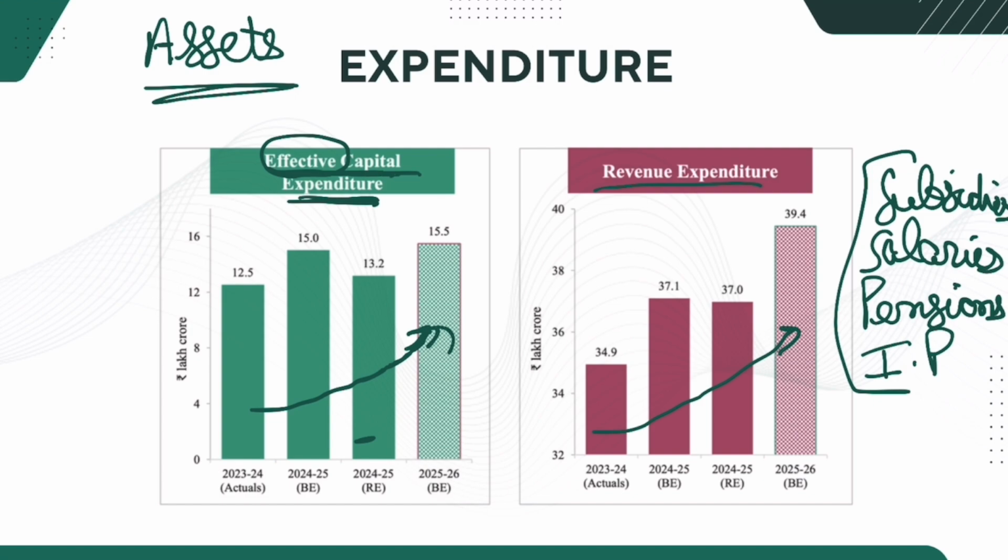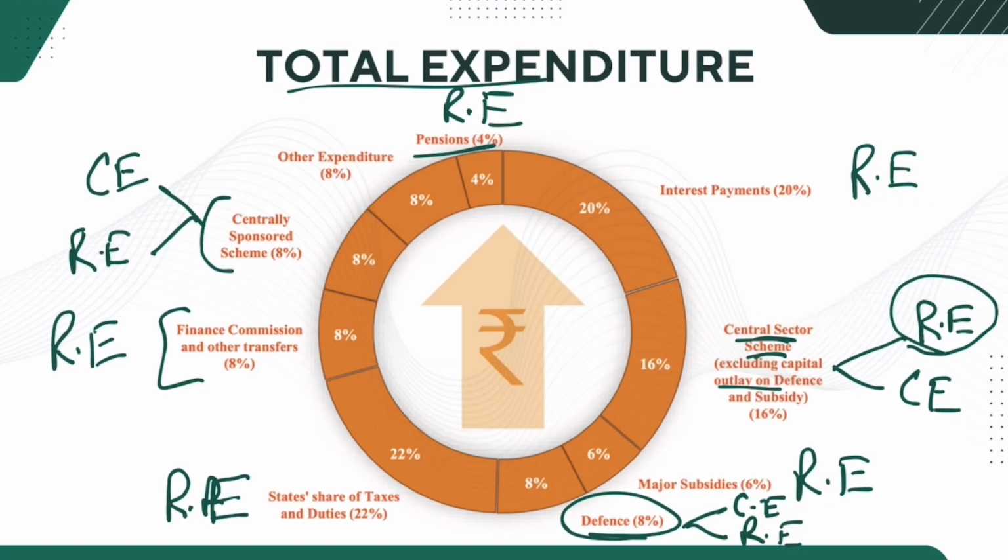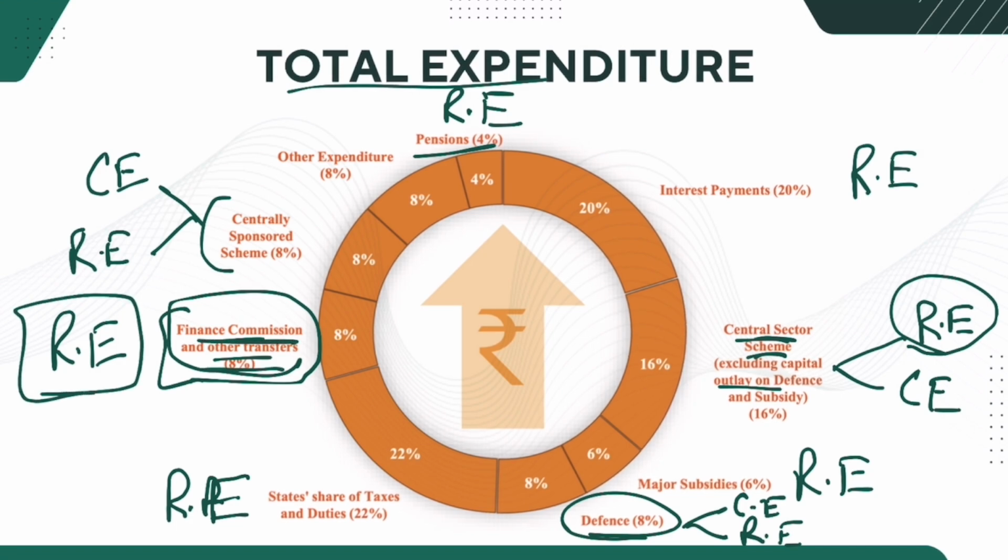But as I have told you before, grants given to states, finance commission and other transfers, which means grants given to states, is revenue expenditure. But what if these grants that are given to states are used to build assets? Building assets is a good thing.